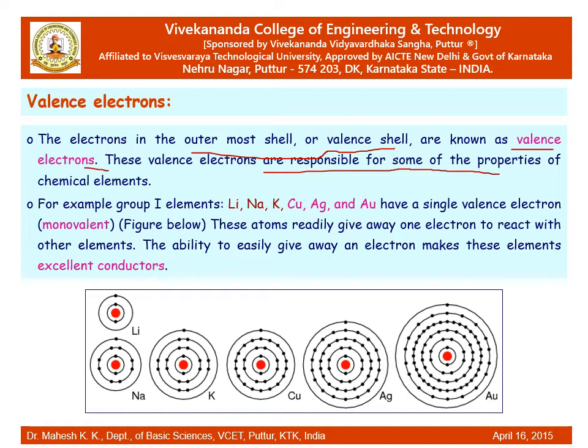Based on the same rule, we can go on filling for different elements, for example lithium, sodium, potassium, copper, etc. For lithium, you see there is one electron in the outermost shell, and for sodium also there is one, for potassium also one, for copper also one. This is for silver, and this is for gold.